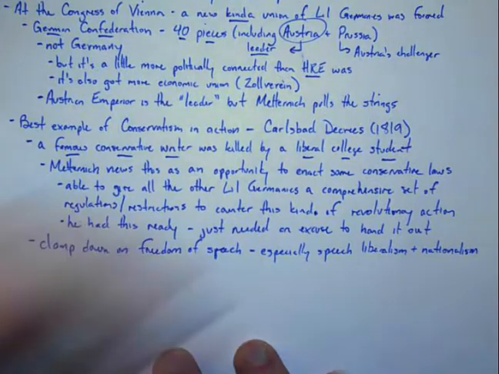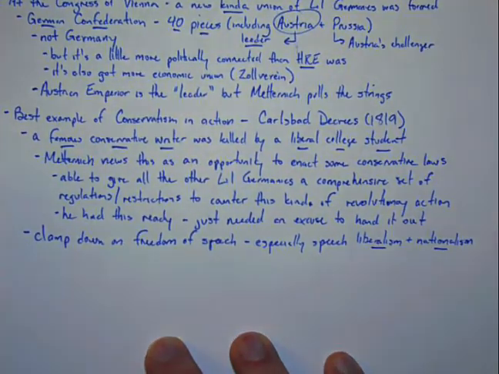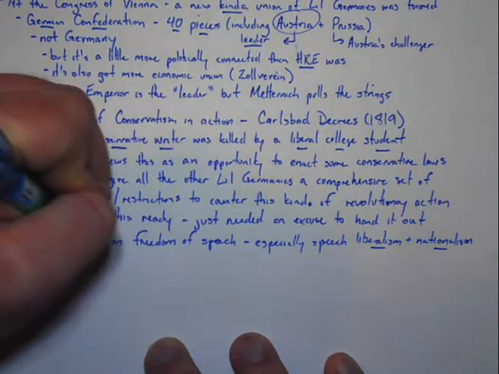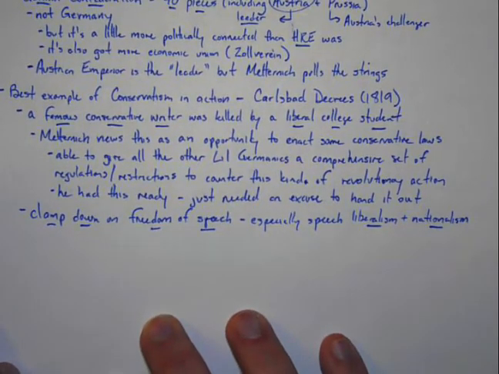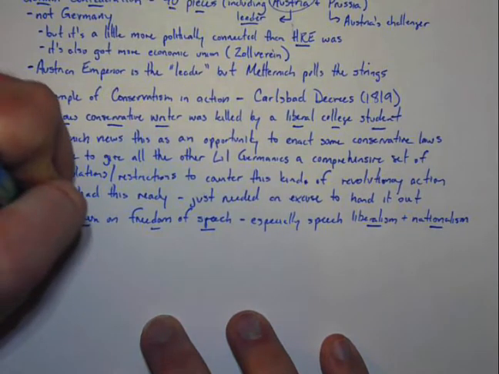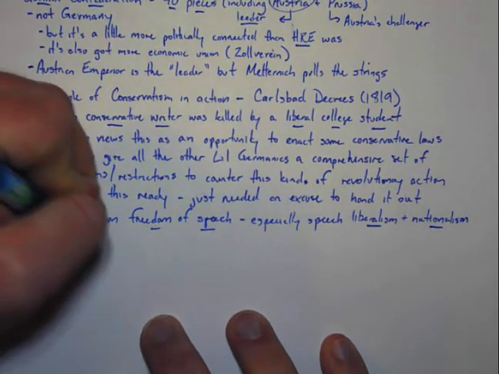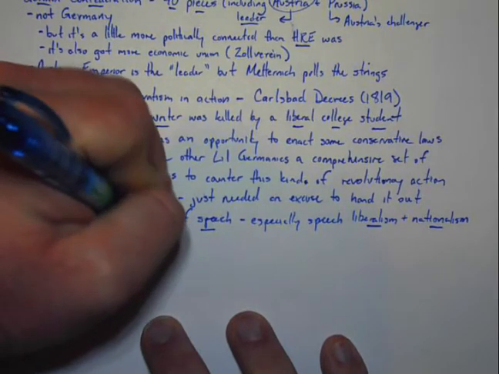I know we haven't really covered these things yet, but just note that a conservative reaction would be to clamp down on freedom of speech. There was also a lot of censorship of published material.